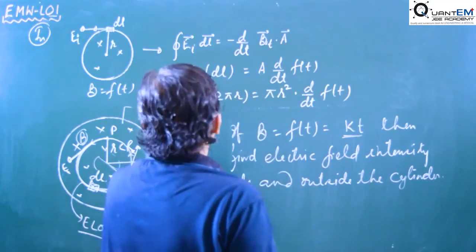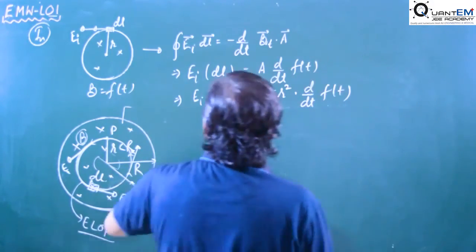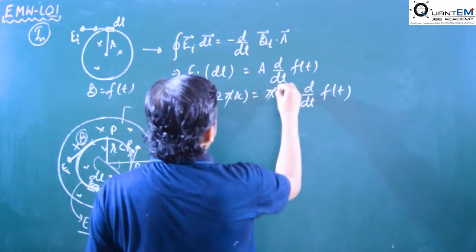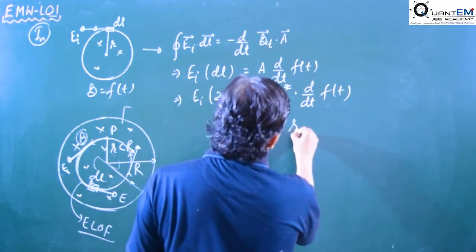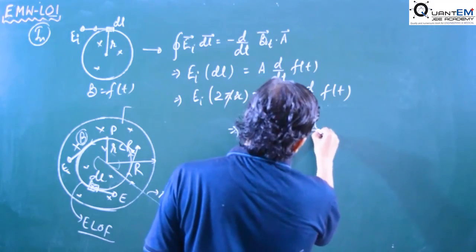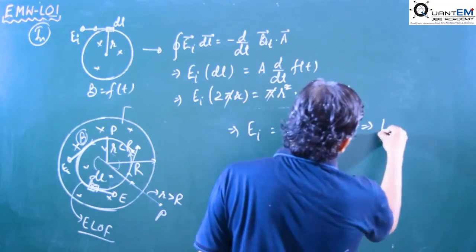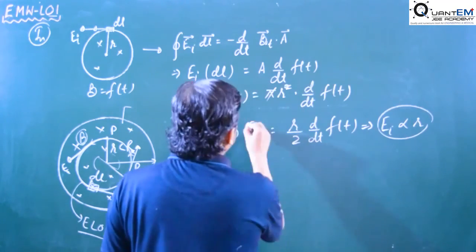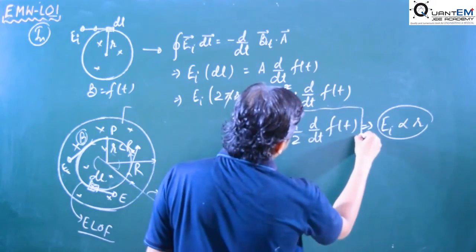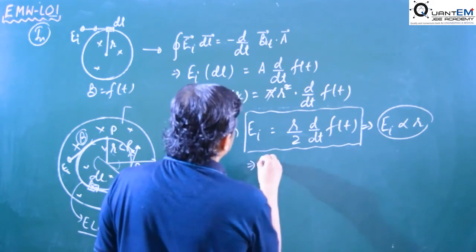Okay, so what do we get? Pi pi get cancelled, ये गया. Induced electric field we have r by 2 d by dt f of t. तो see, electric field inside is directly proportional to r. अगर मान लीजिए कि मैग्नेटिक फील्ड टाइम का फंक्शन हमारा गिवन है, that was given kt, तो यहाँ क्या हो जाएगा?